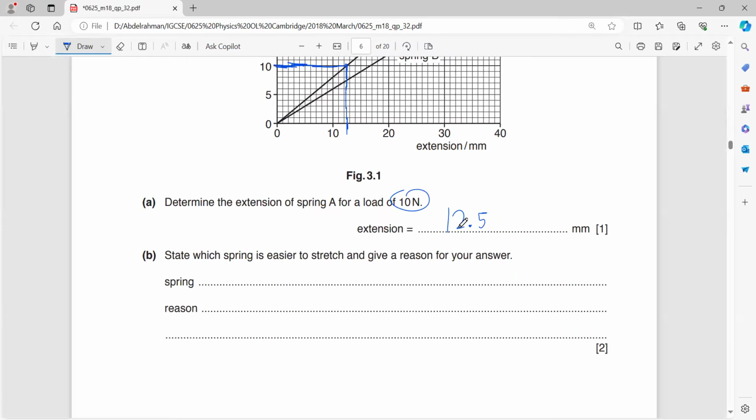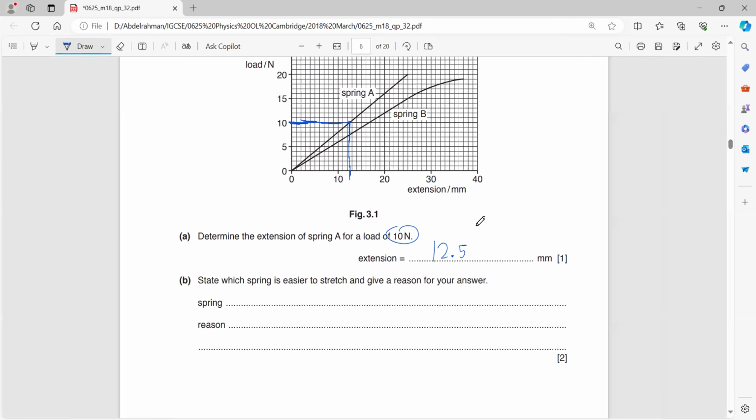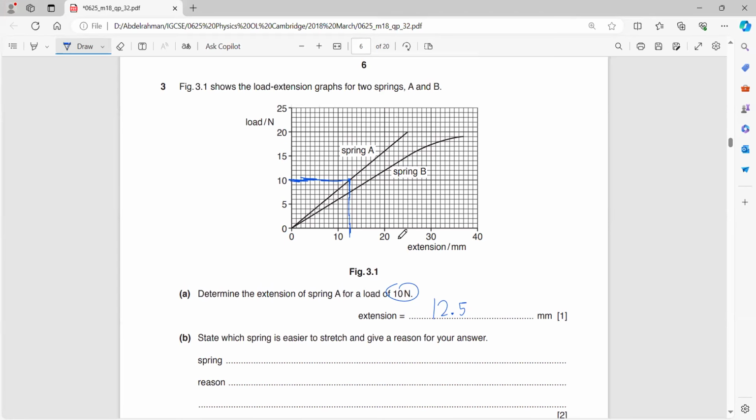State which spring is easier to stretch and give a reason for your answer. Which of these springs is easier to stretch? Spring B. Because when the load is less, the extension is more. Correct. Why is it B? Using the same force, let's say 10, spring A was extended 12.5 millimeters, but spring B was extended 17 millimeters.